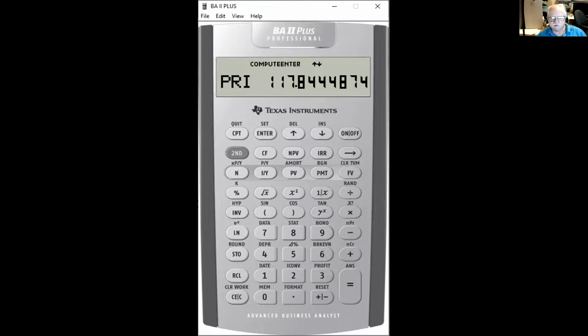We had to do that separate calculation on the BA II Plus or by hand to get the accrued interest. But if we go enter here and down, we get this accrued interest and we need that number too. So I'm going to go store 8. And now we've got those numbers.